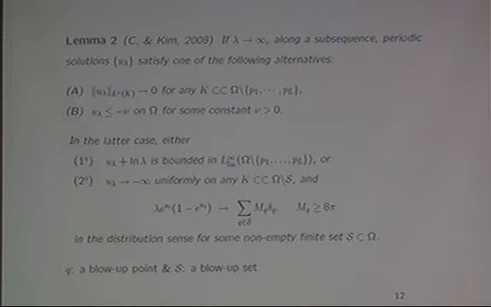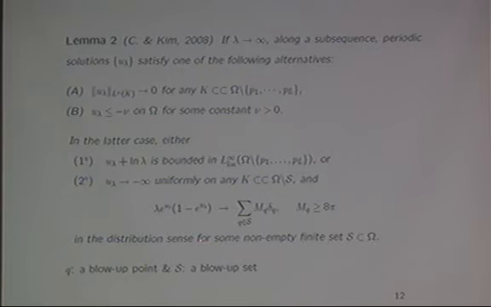If U lambda is a solution of the Chern-Simons-Higgs equation, then U lambda plus log lambda is either bounded locally in L infinity space, or it may show concentration phenomenon.